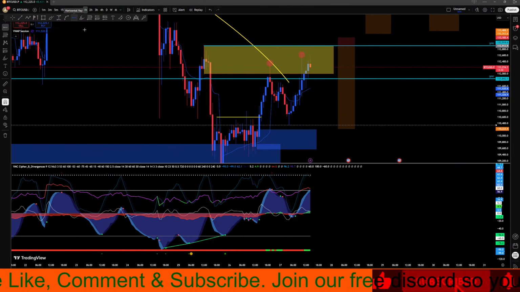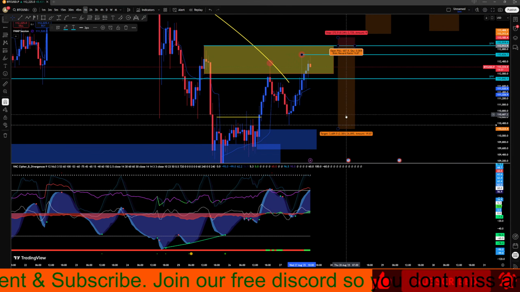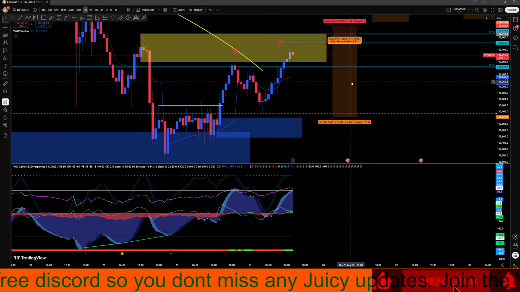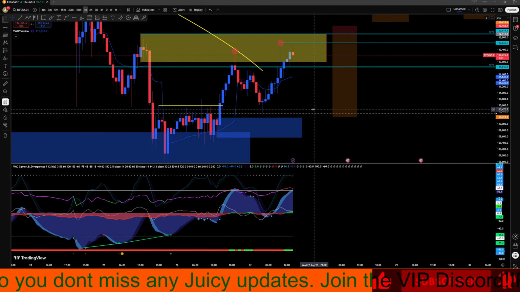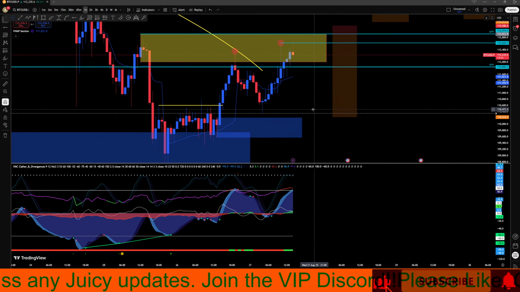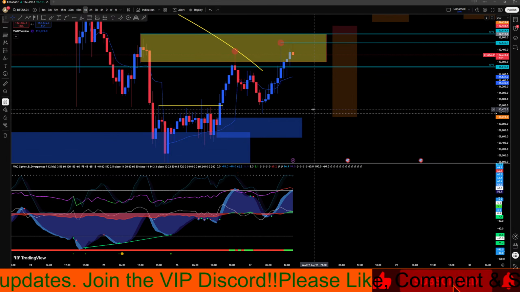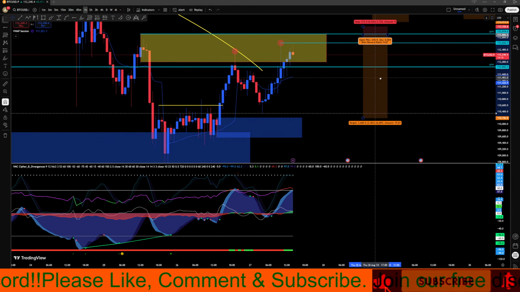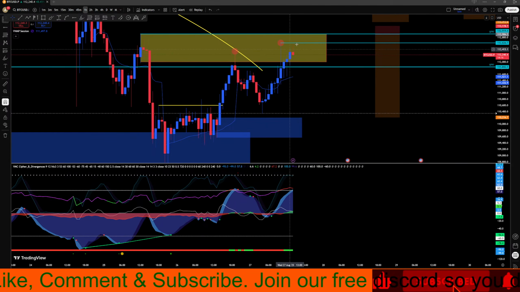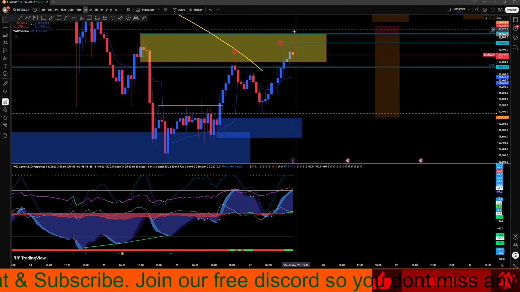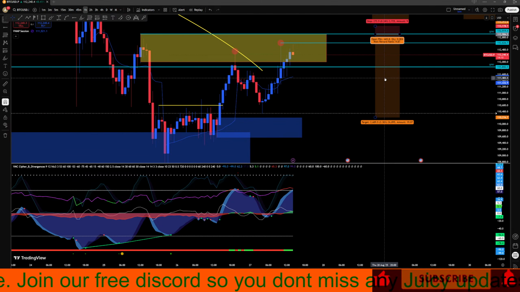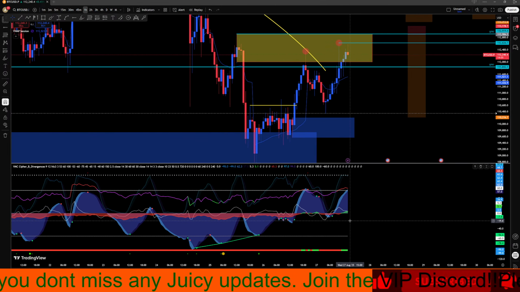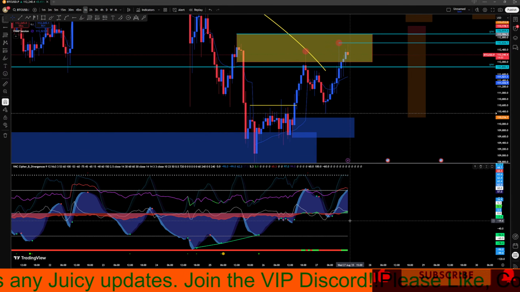So if we come up to this high again and we fail to break and hold above, ideally an SFP, I would look to take a short. So this idea up here is valid. We could SFP this into this, and this could be the short, as well as we could just pump and continue making moves to the upside.